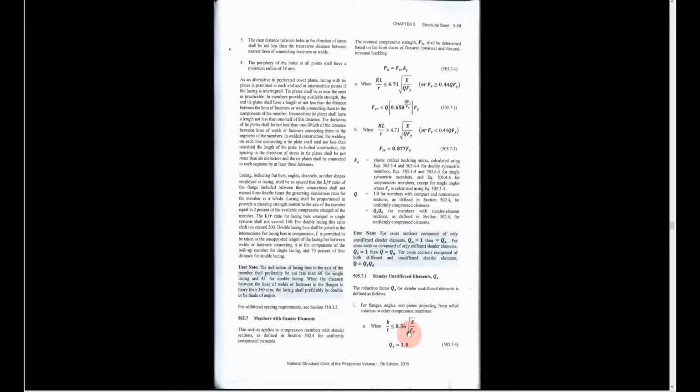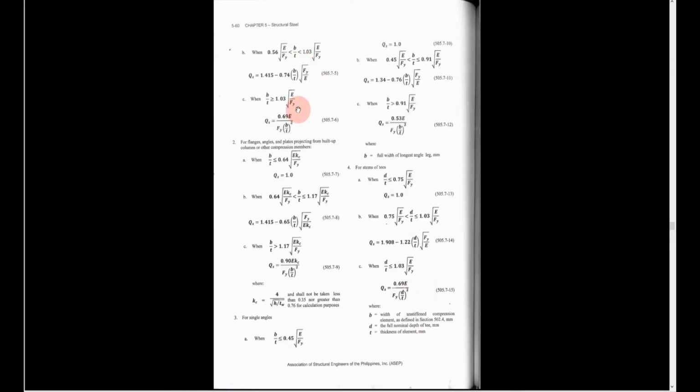So we have here condition A, condition B, condition C. And we have also here for flanges, angles, and plates projecting from built-up columns or other compression members. Ito naman yung formula niya. Ito. Titignan muna natin kung ano yung isa-satisfy niya na limit.